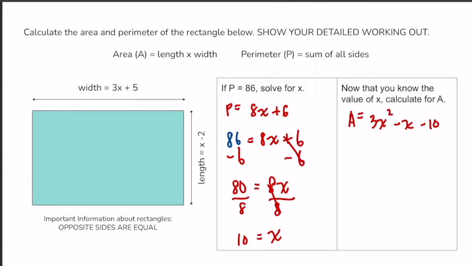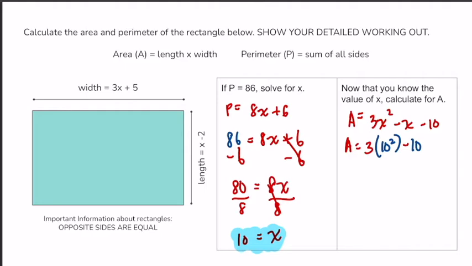So now that we know that x is equal to 10, we can now solve for area because we know the value of x. And all we need to do now is to solve by substitution. Area is equal to 3, okay, 10 squared, because we know x is equal to 10, minus 10.